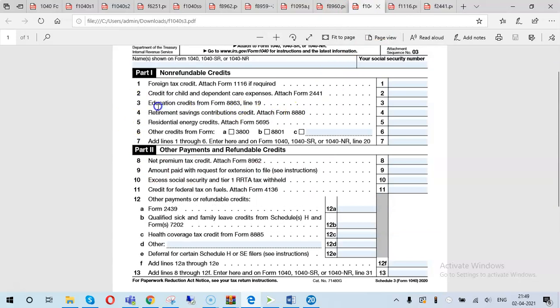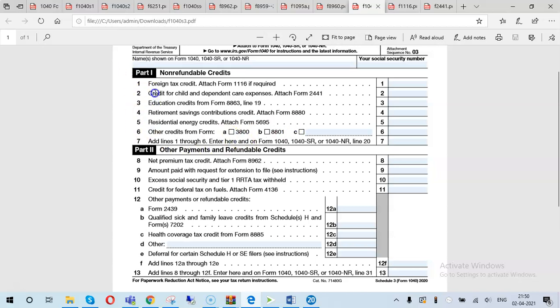Also, education credit from Form 8863: if the taxpayer receives a Form 1098-T and it is allowable for credit, it will come to line number 3. Also retirement savings contributions credit, Form 8880, Form 5695 for residential energy credit, and other credits from Forms 8801 and 3800.